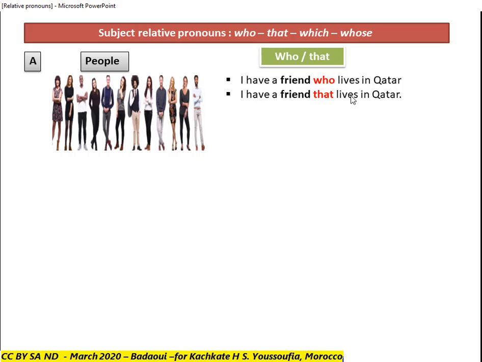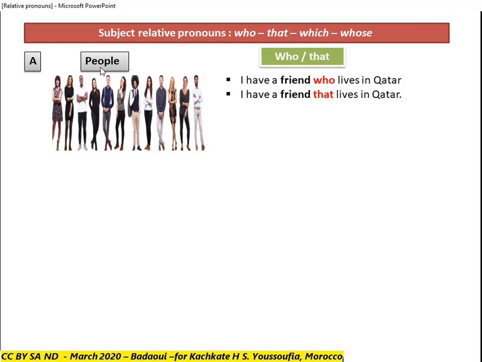The only difference between who and that is that that is a little bit informal, and who is more formal than that. So who and that are subject relative pronouns that are used to refer to people.